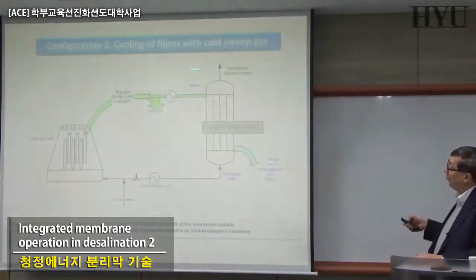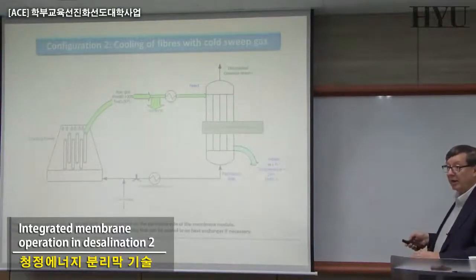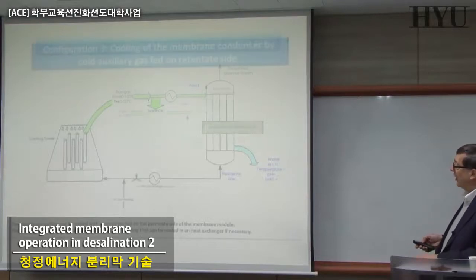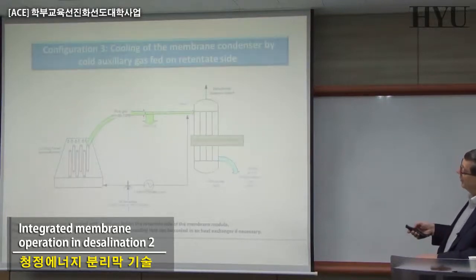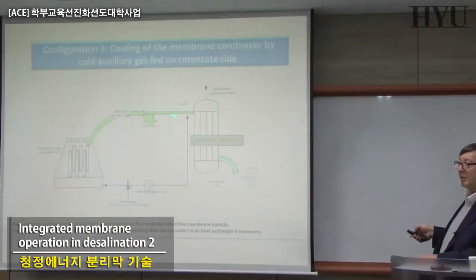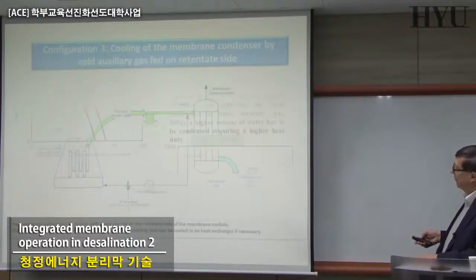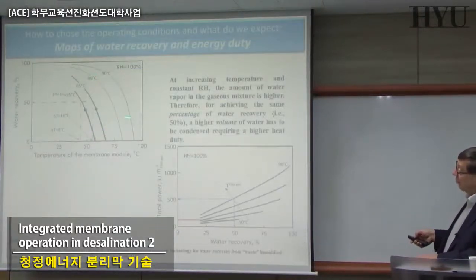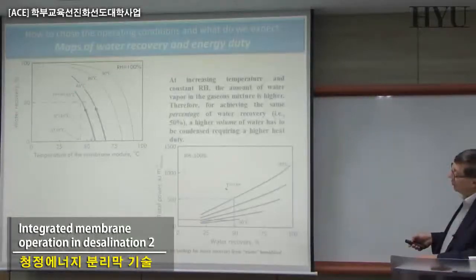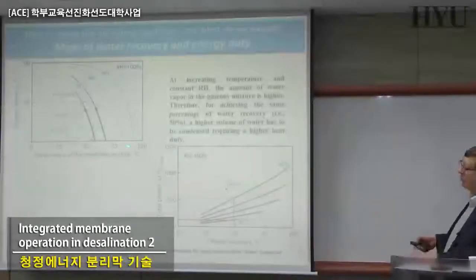So there are many different ways to supply the energy necessary. All these different configurations are today under investigation by some of you, deciding which one is the most appropriate configuration. Number 3, you have condensation by cold auxiliary gas feed on the right-hand side, or you can have it on the permeate side, etc. So with these different configurations you can make your modeling, for different levels of humidity, 100% or different, and you know at which temperature the water recovery is a function of the temperature of the membrane.